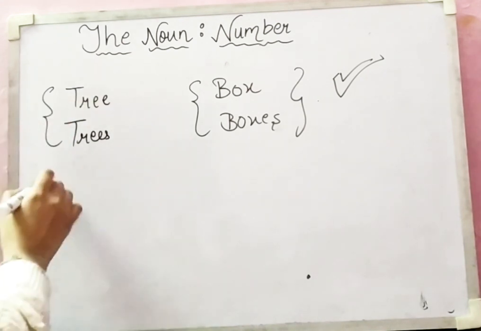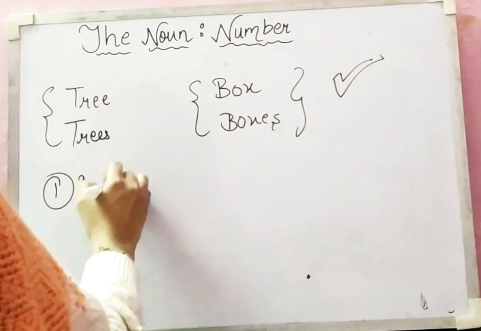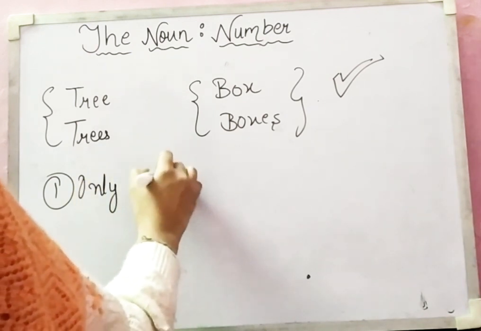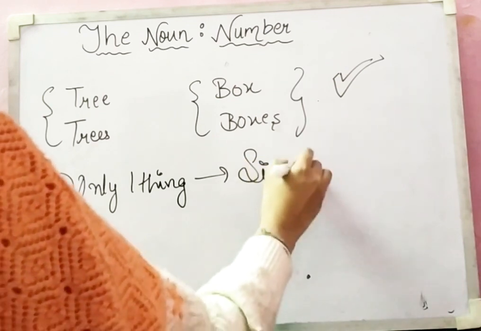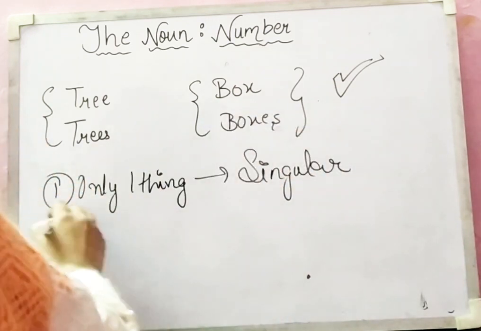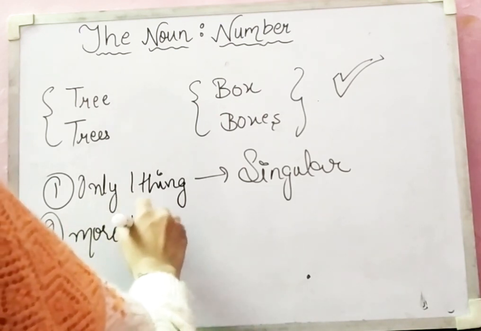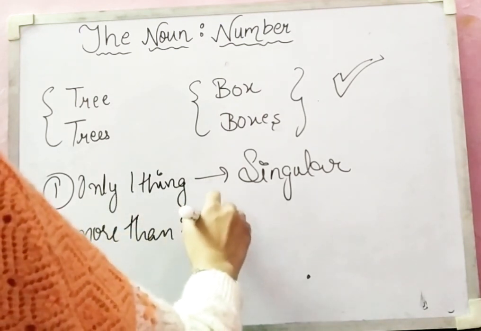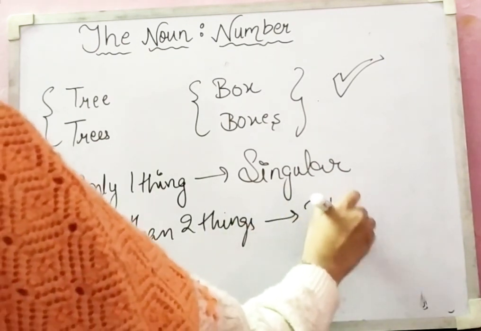So if there is only one thing, then that's called singular. And if there are more than one thing, we'll call that plural.